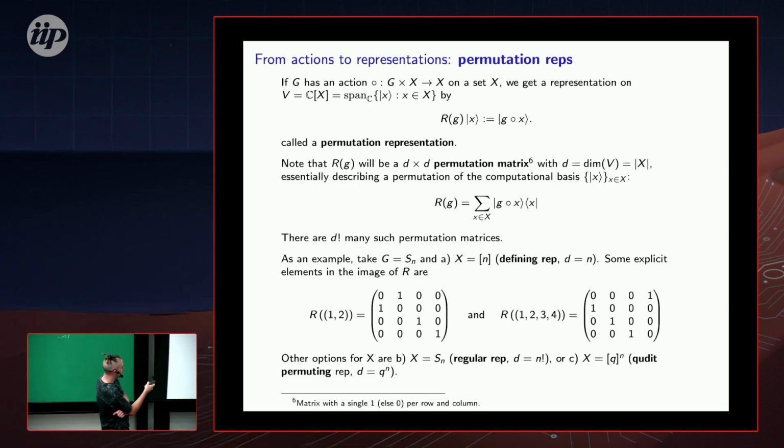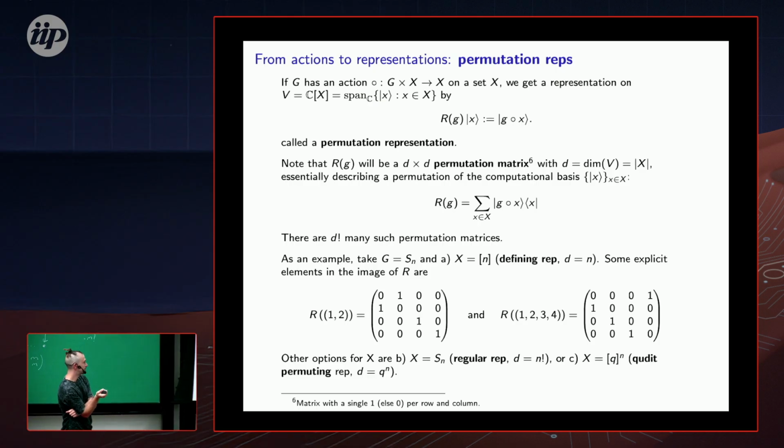Another choice is the set of n qubits, or words of length n on an alphabet with q elements, and the way to act there is by permuting the letters of the words. When we use this set, the vector space we get is the n-qubit vector space, and the representation is permuting qubits, which we will come back to. Any questions here?